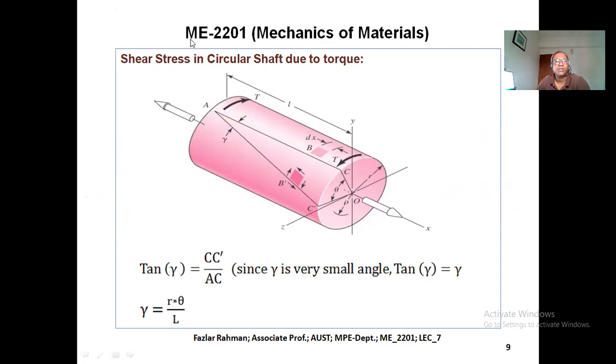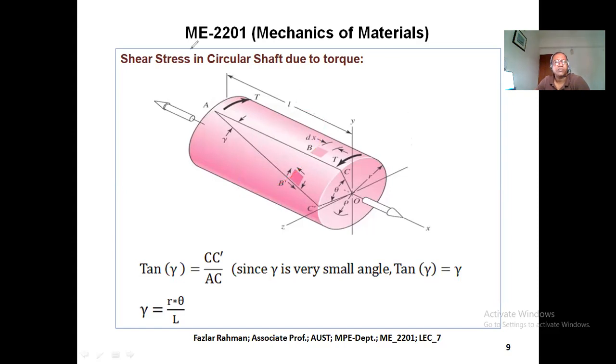So what is our target? Our target is to derive this formula: tau equals TR divided by J. So far, we have not made any relationship between the tau and the torque, right? What we are thinking is, after I apply the torque right over here, if you take a cross section, that cross section experiences some kind of shear force, dF.